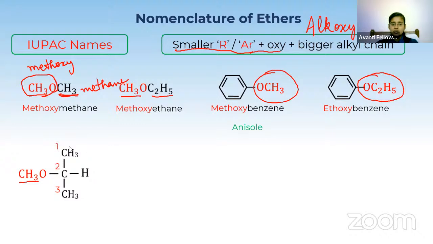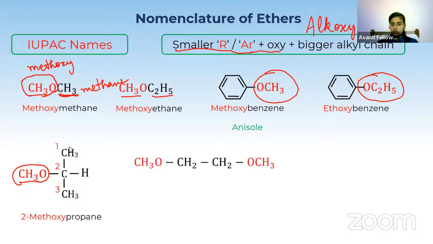Now I have to look into the alkoxy part, that is CH3O. This part is attached to the second carbon of this chain. So it is called 2-methoxypropane. In this chain we have three carbons, so it is 2-methoxypropane.